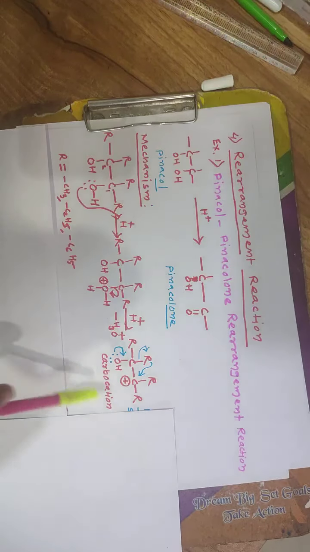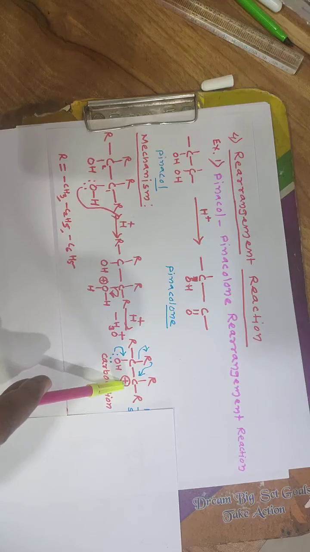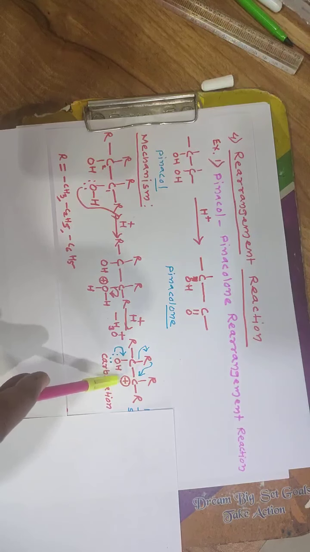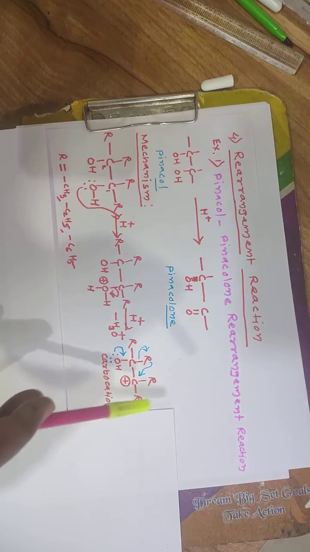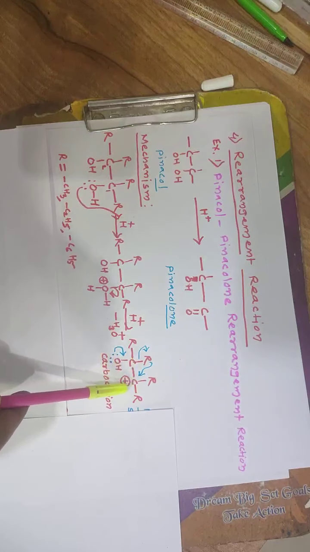So what happens? There is a carbon having a positive charge. If the structure permits, the carbocation can further undergo a rearrangement, and this is the rearrangement step. Suppose I write this carbon 1 and this carbon 2.